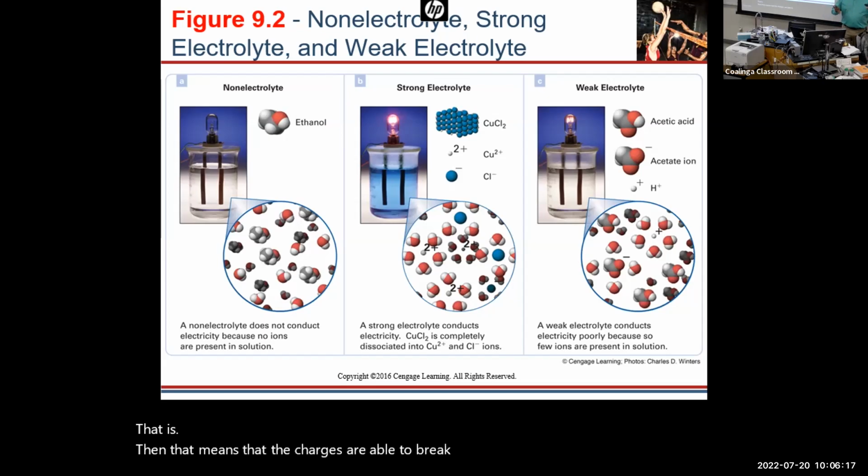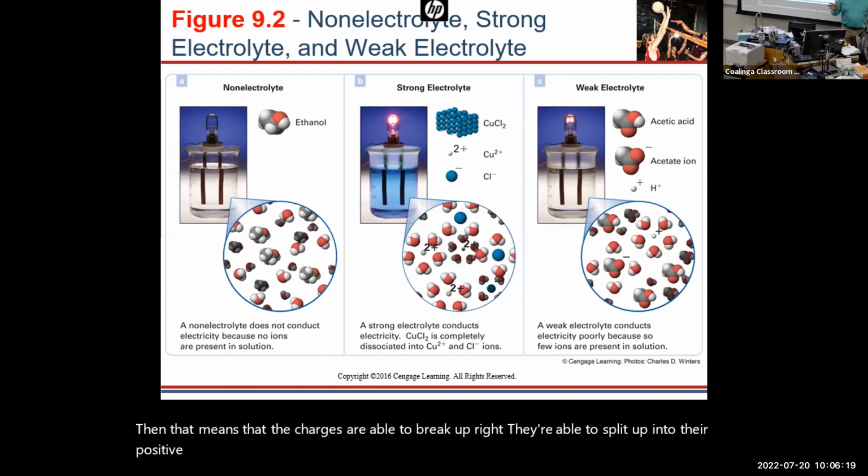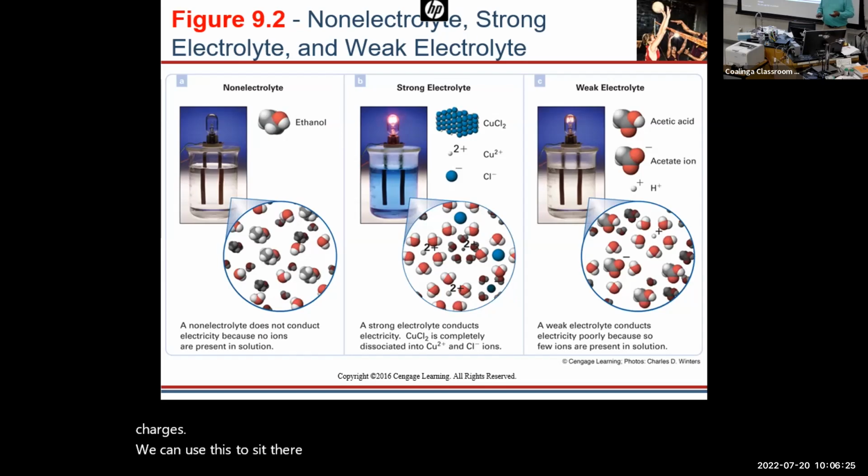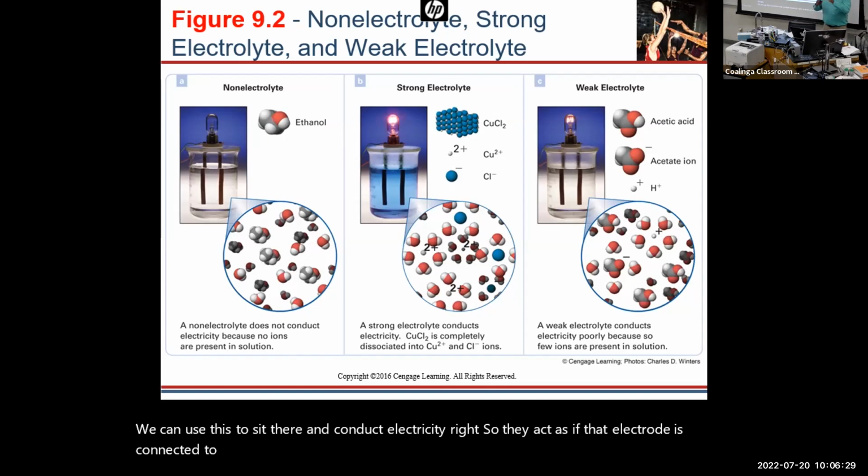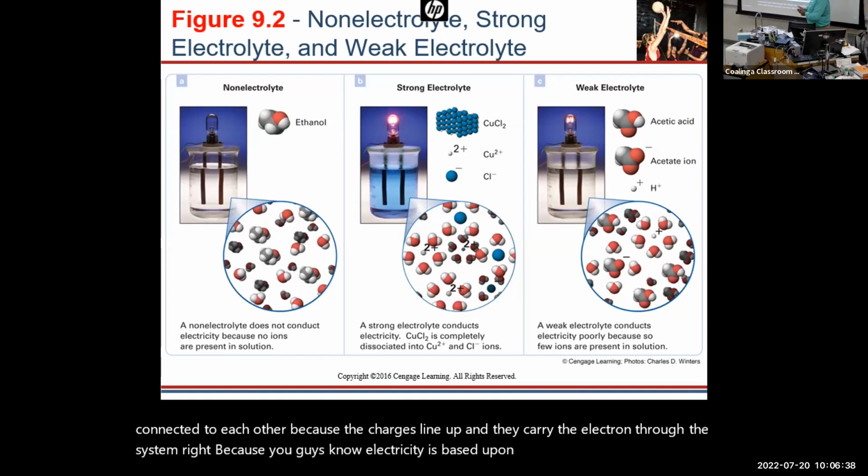They're able to split up into their positive and negative charges. Now, if they're able to split up into positive and negative charges, we can use this to conduct electricity, right? So they act as if that electrode is connected because the charges line up and carry the electron through the system, right? Because you guys know electricity is based upon the movement of electrons, right?